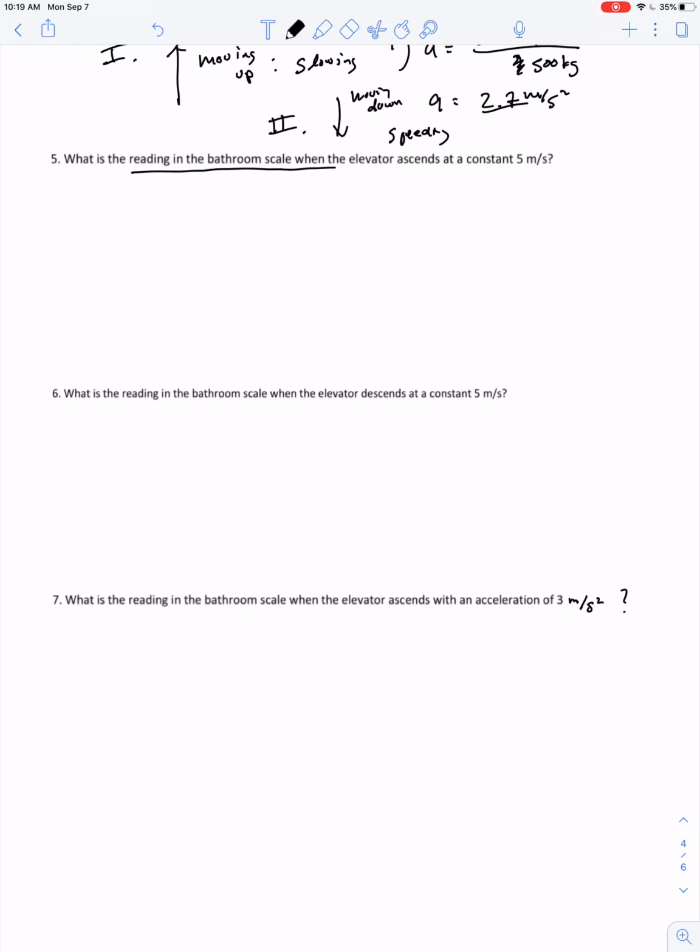What's the reading in the bathroom scale when the elevator ascends at a constant 5 meters per second? Again, since we're asked about the bathroom scale, let's make our free body diagram represent just the person, so that the scale reading is no longer internal and becomes external. Now wait a minute.